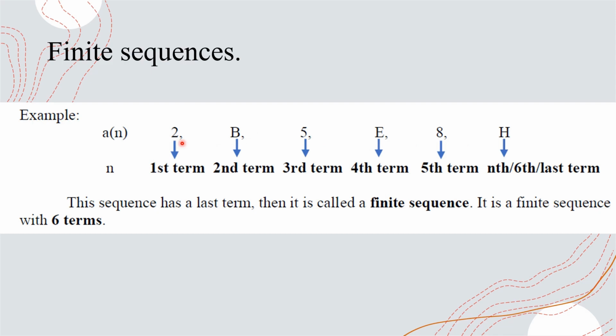So as you can see, alternate yung ating number saka letter. And is there any relationship with the numbers 2, 5, 8? Correct. So, nagdadagdag tayo ng 3 sa mga terms na numbers.